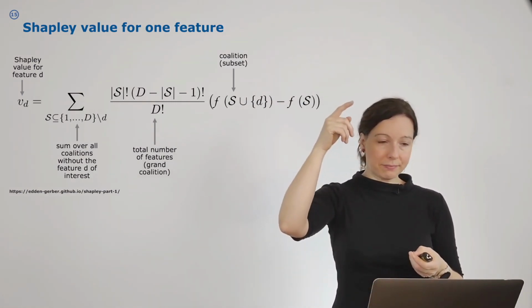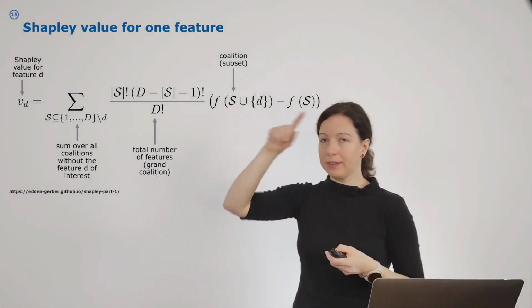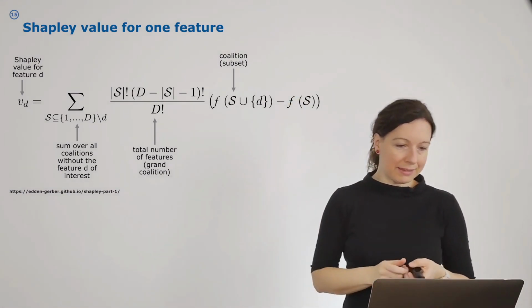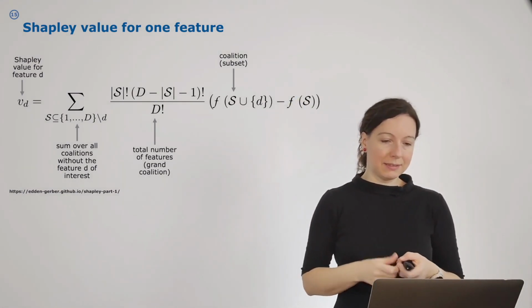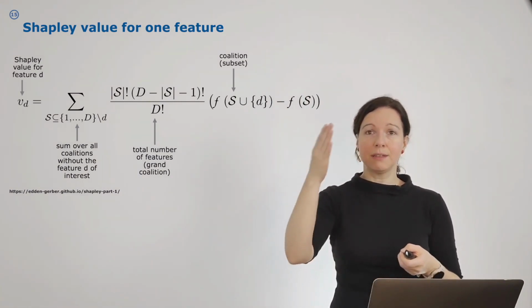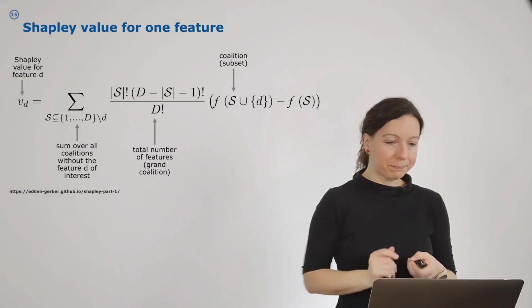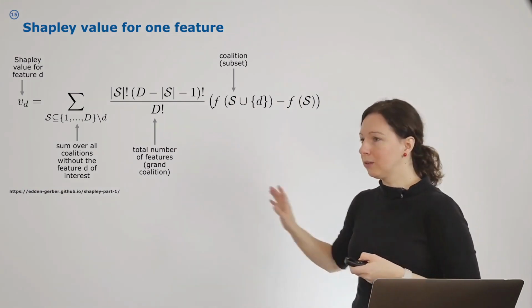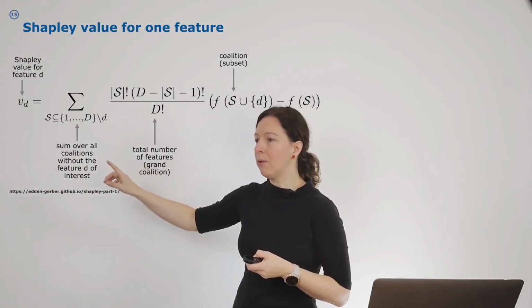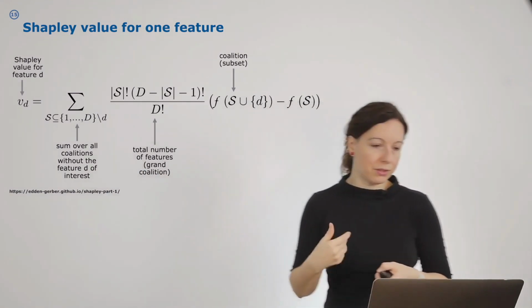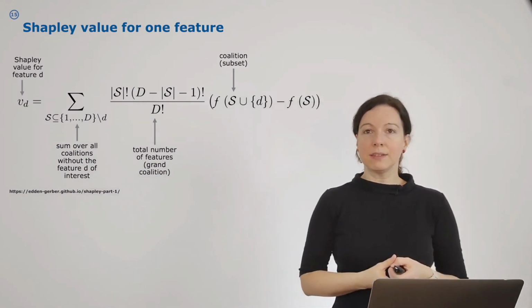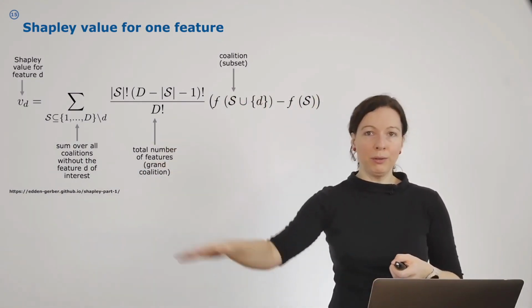This D with the exclamation mark afterwards is the factorial. That means the factorial of 4 is 4 times 3 times 2 times 1. So what else would we have here? This is a sum over all coalitions without the feature D of interest, so this is what you sum over.